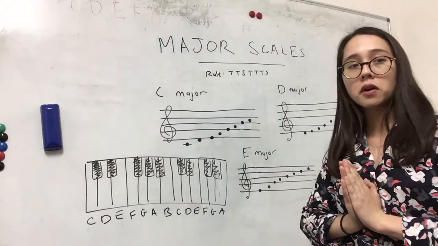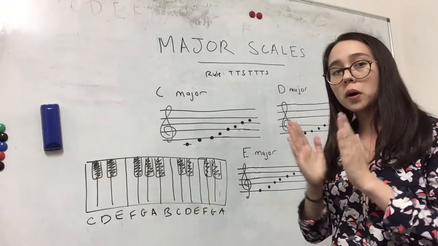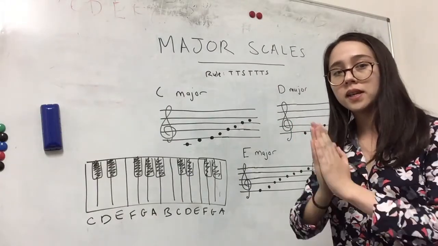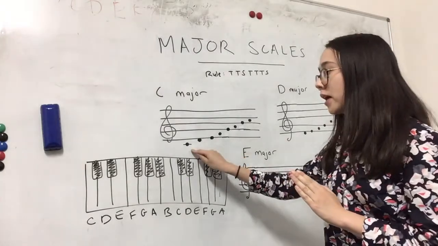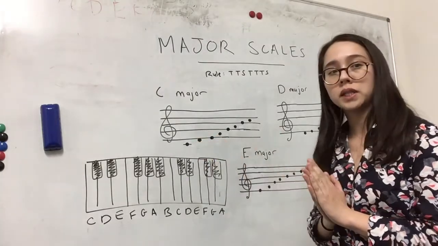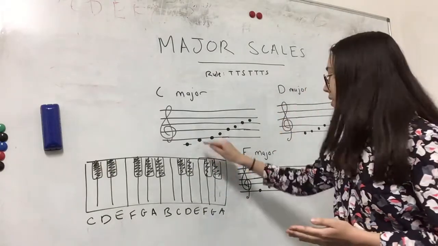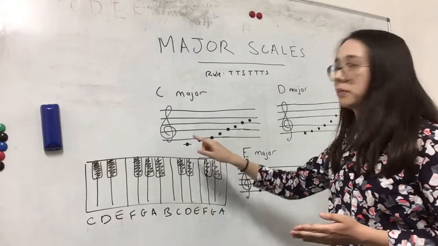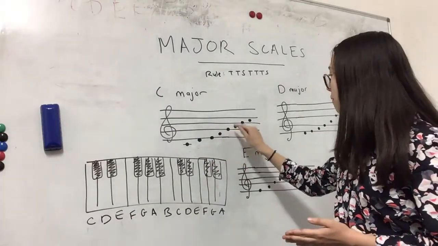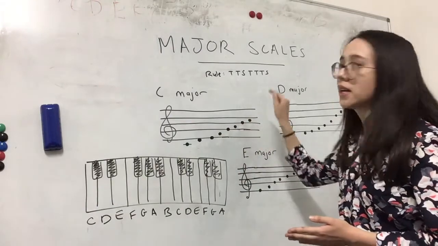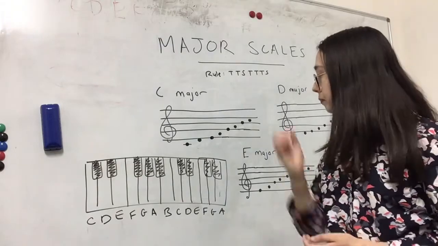So let's get started on C major first. We need to figure out what the sharps or flats in C major are, and how many. I started by writing down all the notes of the C major scale from bottom to top, and top to bottom: C, D, E, F, G, A, B, and then C, and the same way back down as you're descending the scale.